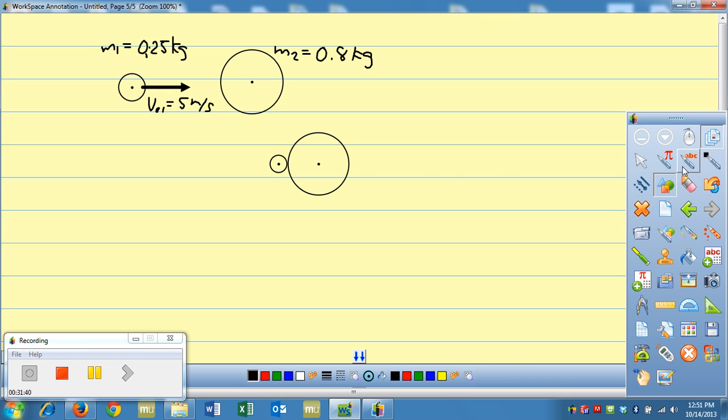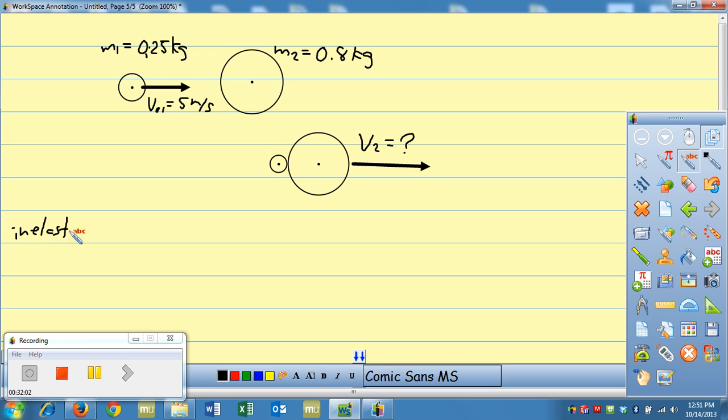Okay, so they're stuck together. This is a completely inelastic situation. And we've got this V2. We don't know what it is. So because it's inelastic, that implies that kinetic energy is not conserved.